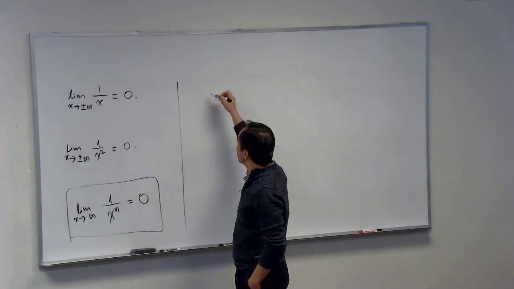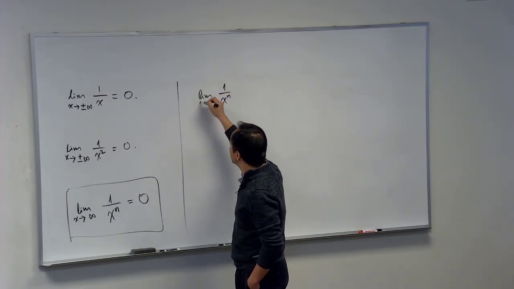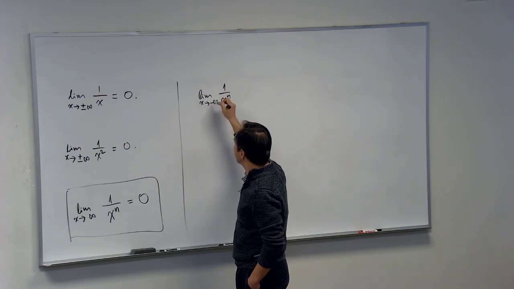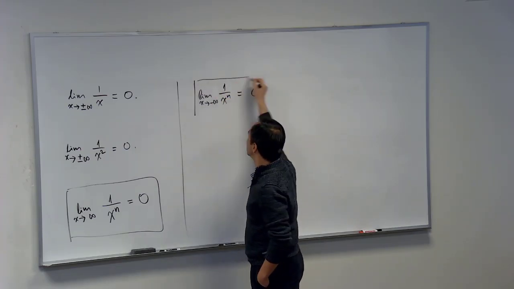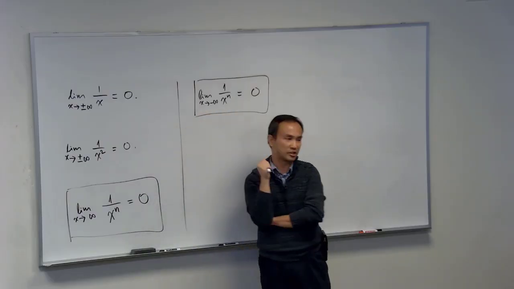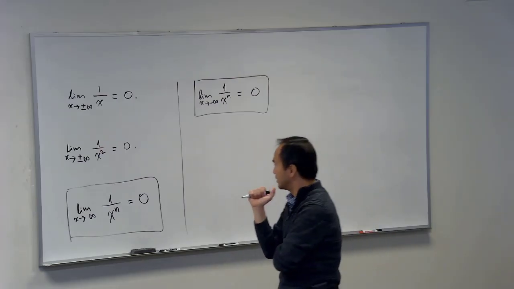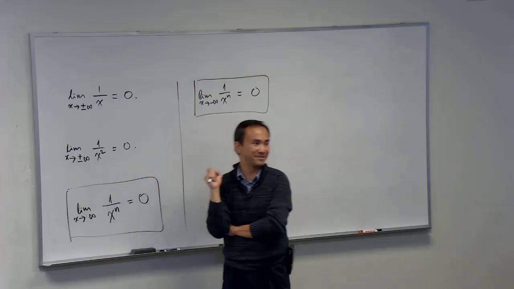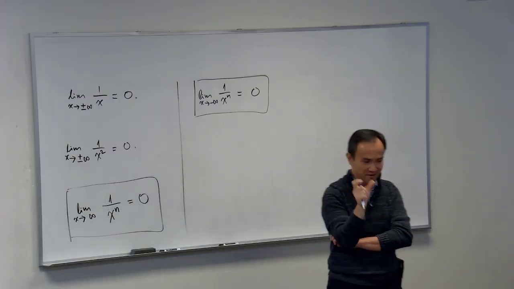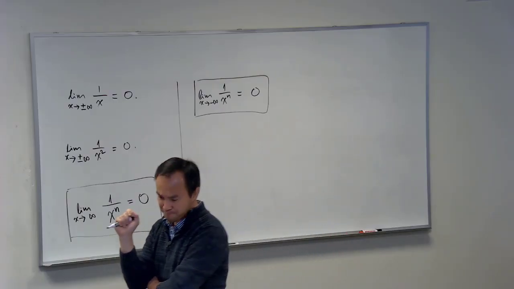And then another one, same function, 1 over x to the n. Now we're taking x to negative infinity. The left-hand behavior of that also goes to 0. So we have now discovered two special little limits. But these are limits at infinity. So they're special, but under that class of problems where we're working with the limit at infinity.